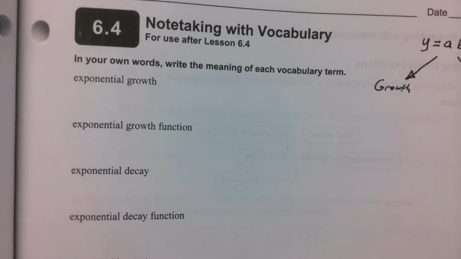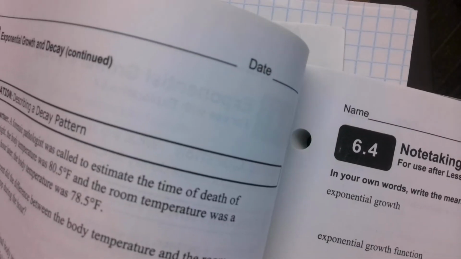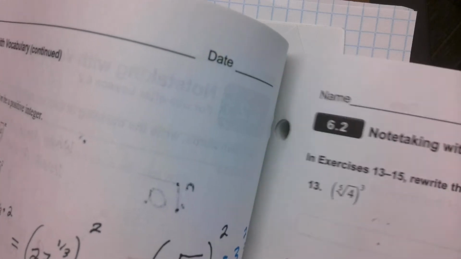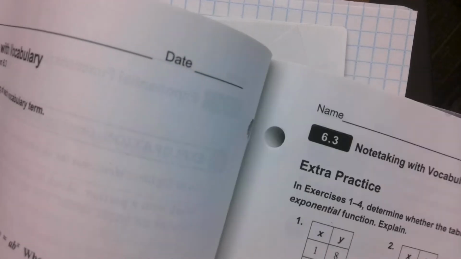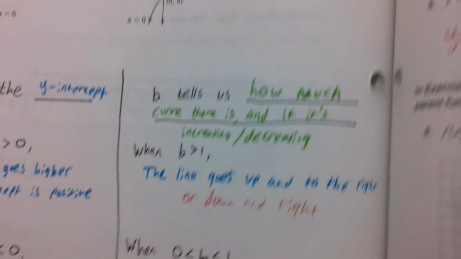So let's get started by talking a little bit about exponential growth. In our last lesson, 6.3, when we talked about exponential growth and decay, we talked about it in a context where we were trying to figure out what happens when our a and b values change.